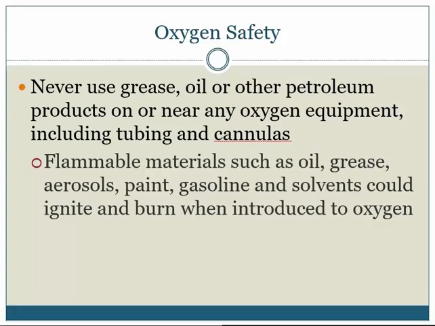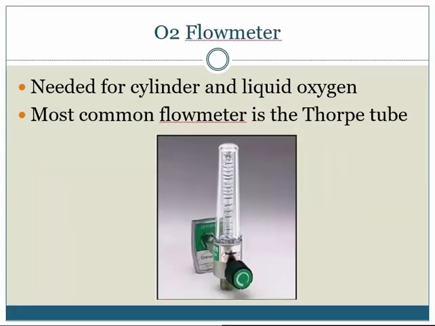Never use grease, oil, or other petroleum products anywhere near oxygen equipment because they really could be a further fire hazard. Your flow meter. This is the tool that you're going to utilize to adjust what level of liter flow the patient is receiving. And it's needed for most forms of oxygen, whether it be via cylinder, the wall outlet, or liquid oxygen. The most common type you'll see is the Thorpe tube. This needs to be upright.